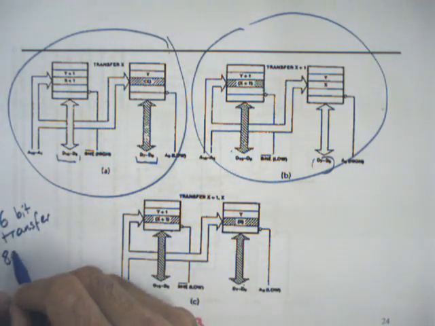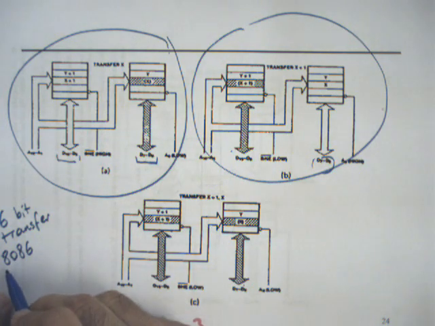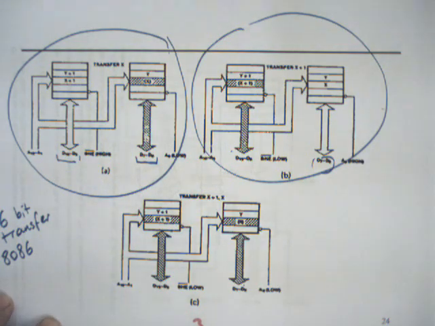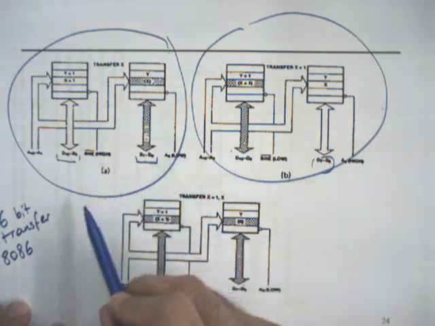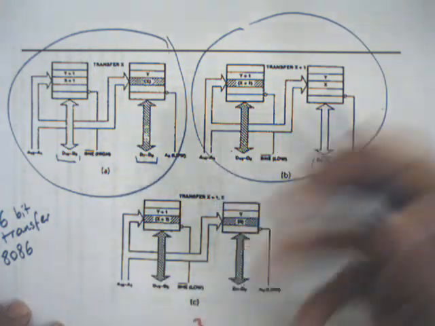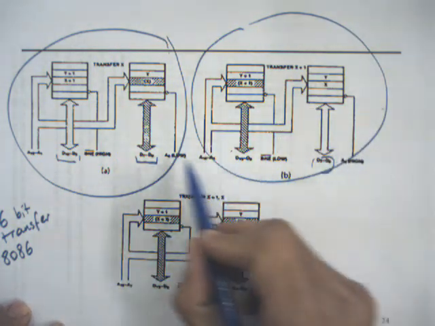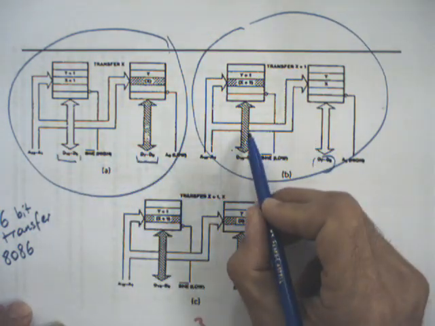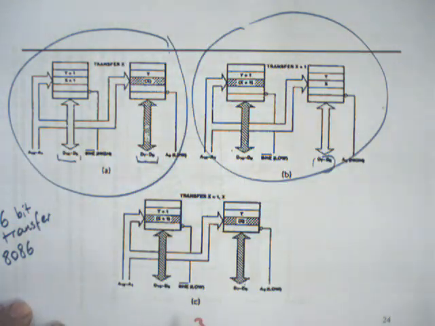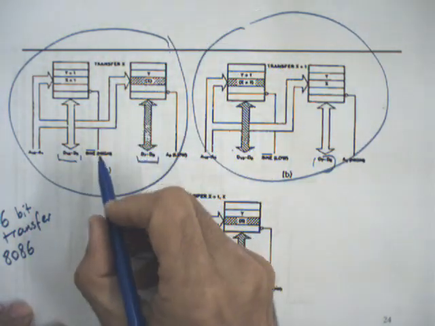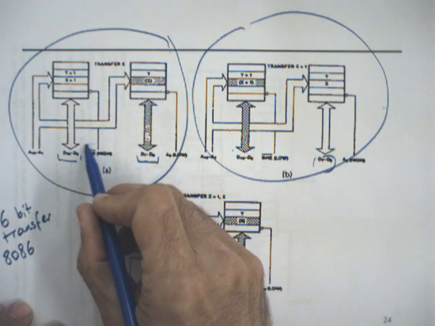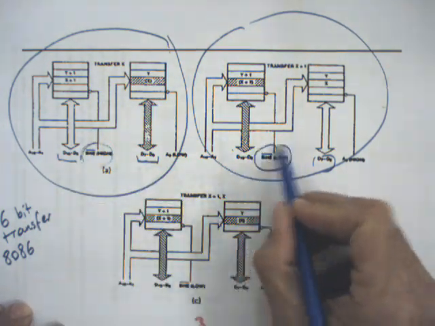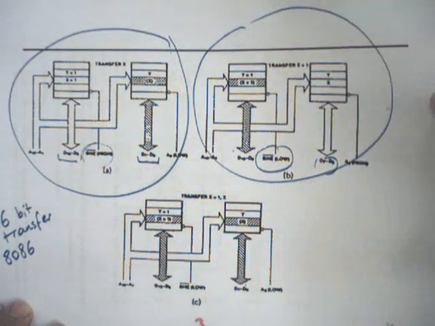Okay, this is for a 16-bit microprocessor, which is 8086, sorry. So it's transferred again in 2 cycles with 2 different portions of the data bus by using bus control signals.